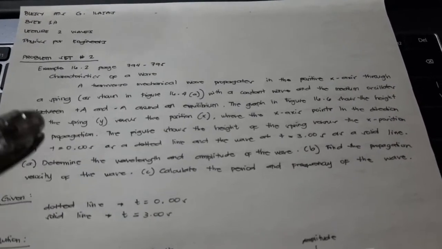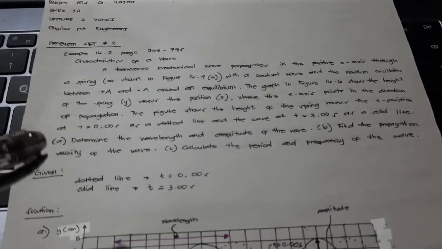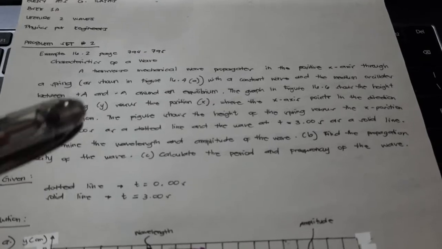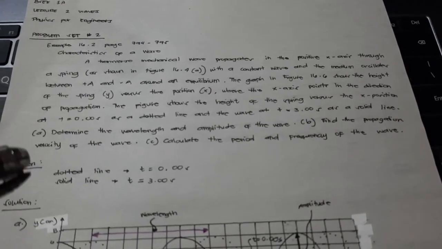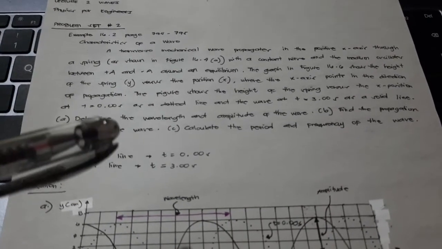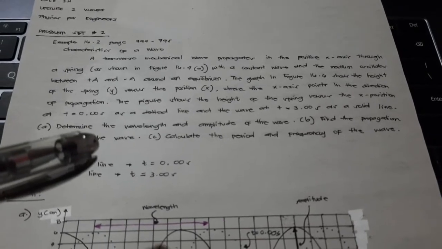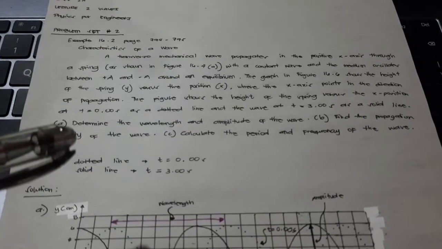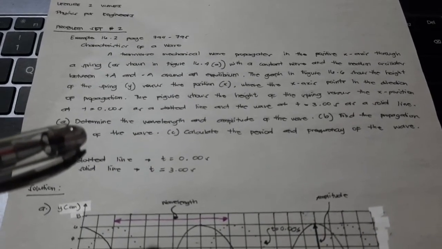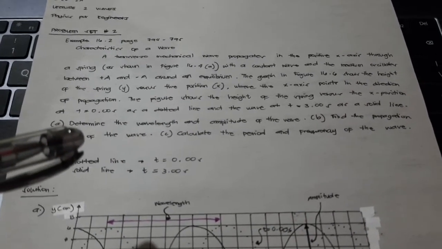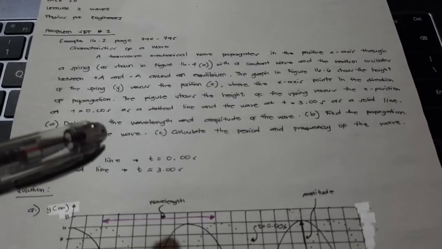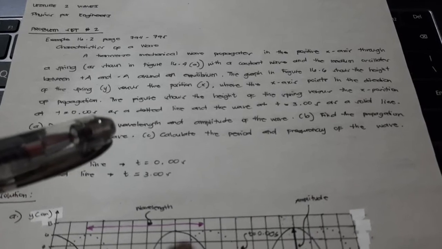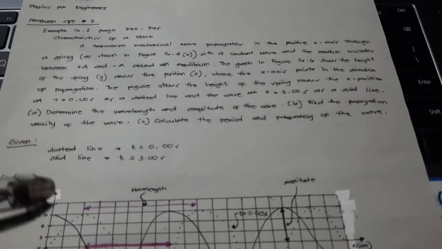The graph in 16.6 shows the height of the spring y versus the position x, where the x-axis points in the direction of propagation. The figure shows the height of the wave versus the x position at time t equals 0.00 seconds as a dotted line, and the wave at time equals 3 seconds as a solid line.